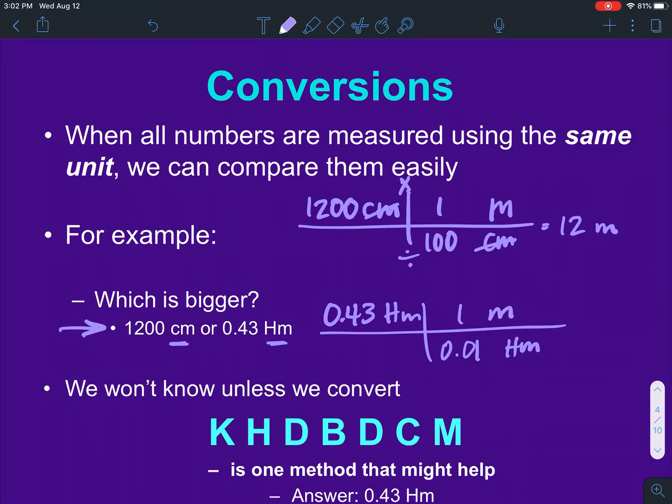I put hecto on the bottom here because I want them to cancel like in math class. I'm going to multiply on top. I divide by what's on bottom, and I end up with 43 meters. 0.43 divided by 0.01. So when I have them both in meters, I can easily compare and see, oh, the hectometers is larger.